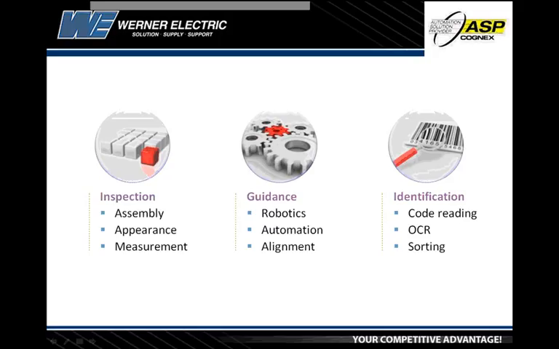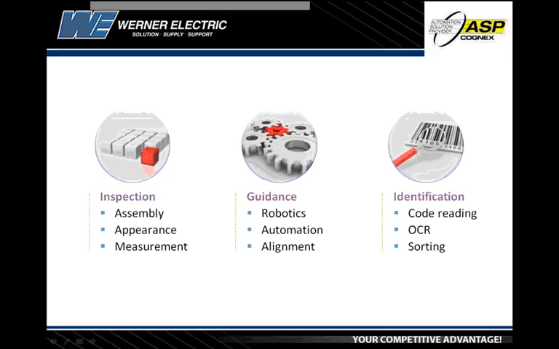Okay, measurement is something we haven't talked about much yet, but machine vision is capable of finding edges in the image and measuring between those edges. So we can very accurately gauge the size of products in the image or the position.